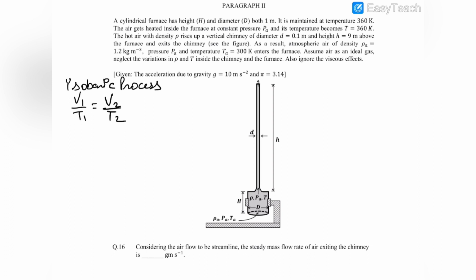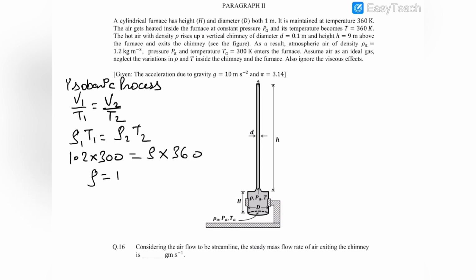We also know that volume is inversely proportional to density. So we can say that rho 1 T1 will be equal to rho 2 T2. Now rho 1 is 1.2 and T1 is 300, and rho 2 is unknown. Let us suppose that rho 2 is rho, and T2 is 360.